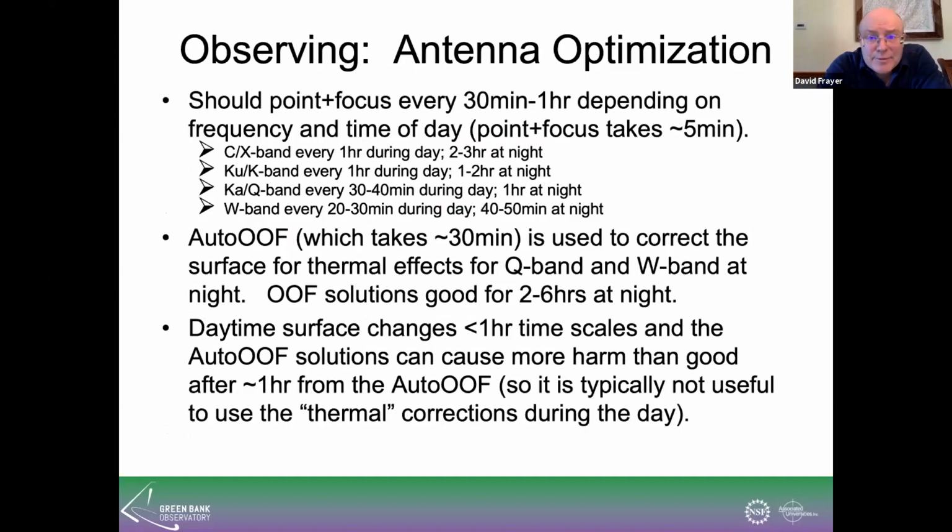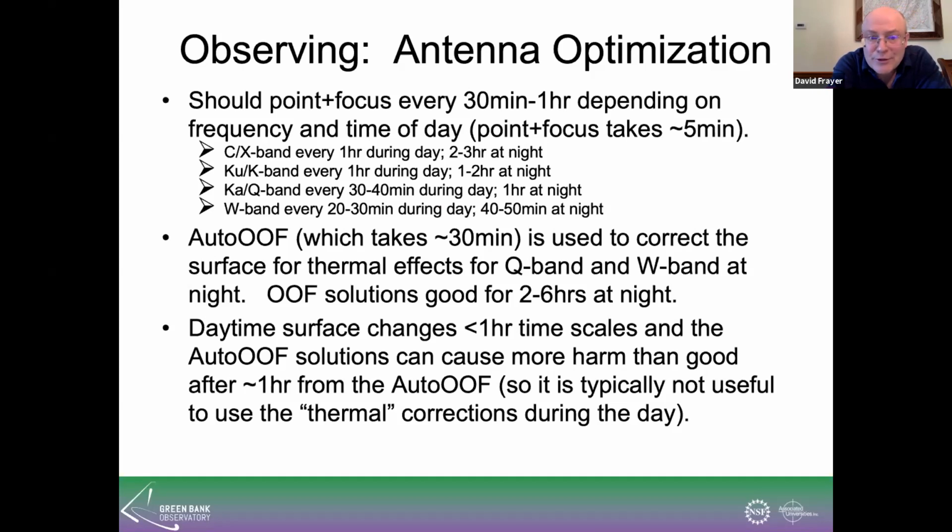In terms of antenna optimization, at the highest frequencies, you should be pointing and focusing every 30 minutes to an hour. I have my general rules here. This takes like 5 minutes. So at W band, during the day, you'd want to point every 20, 30 minutes, spending 5 minutes each time to keep the pointing accuracy sufficient to carry out your science.